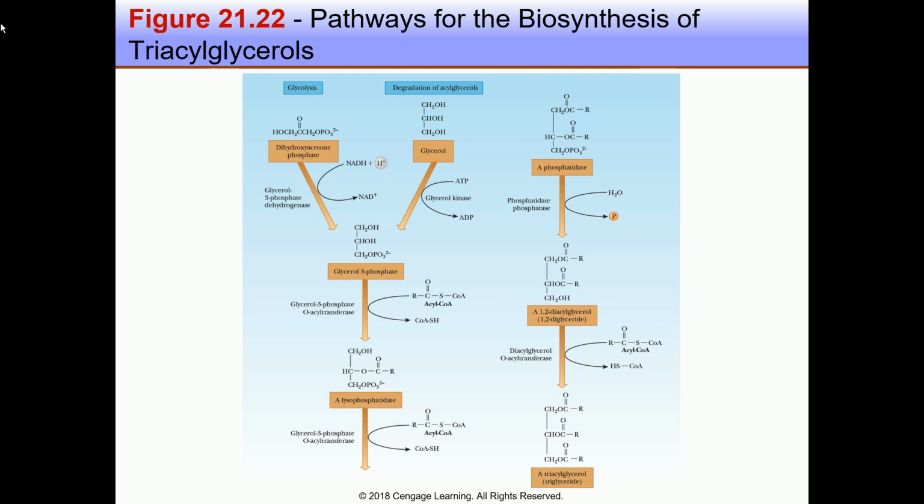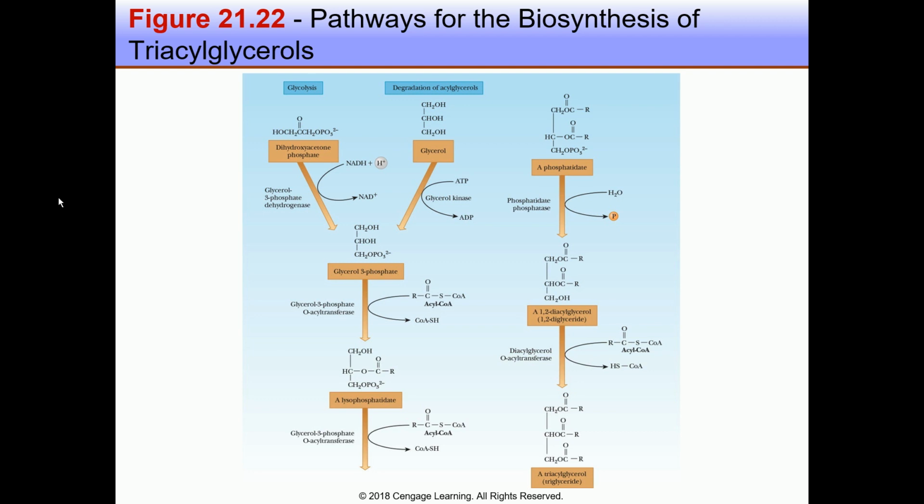With the help of the enzyme glycerol 3 phosphate dehydrogenase, it can be converted into glycerol 3 phosphate, and then with the help of the enzyme called glycerol 3 phosphate O-acyl transferase, the acyl group is added, not the coenzyme. You can see here, this is the enzyme called glycerol 3 phosphate acyl transferase, and it helps in the transfer of the acyl group to the glycerol 3 phosphate.